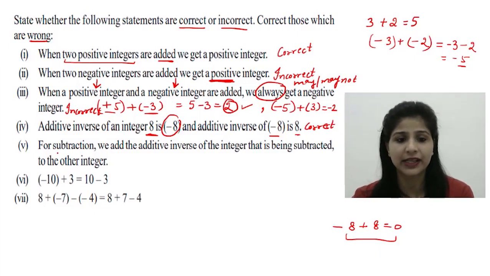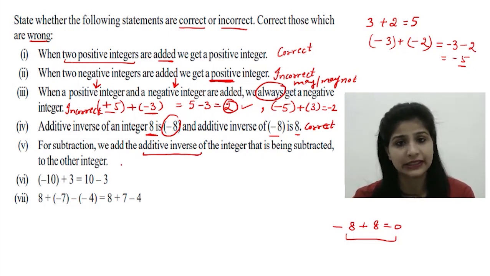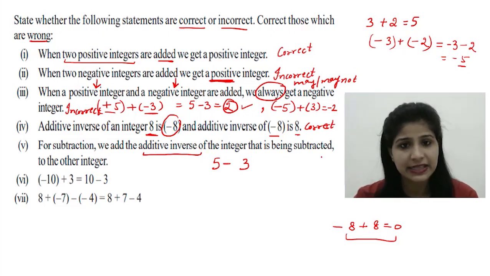The fifth part is, for subtraction, we add the additive inverse of the integer that is being subtracted to the other integers. Yes, we do. If I have to subtract 3 from 5, so for subtraction, what do we do? We add the additive inverse of the integer that is being subtracted. So, can I do it like this?